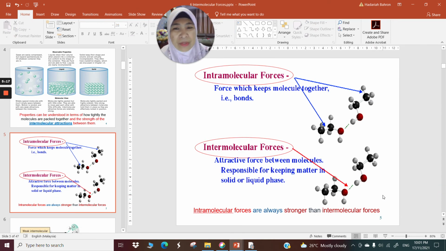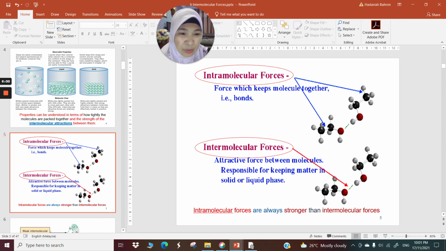When we talk about the gas, the liquid, and the solid, there are forces keeping all these molecules so that they become what they are. The forces can be intramolecular, i.e. within a molecule. Intra means inside, within the molecule. This is usually the bond between the atoms in the molecule, the force that keeps molecules together. But there are also intermolecular forces, the forces that exist between the molecules.